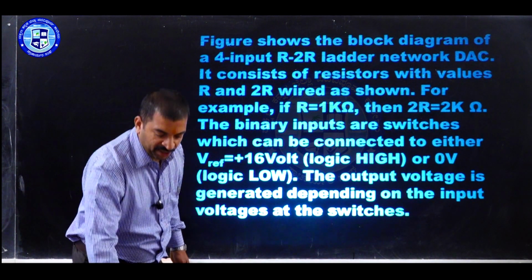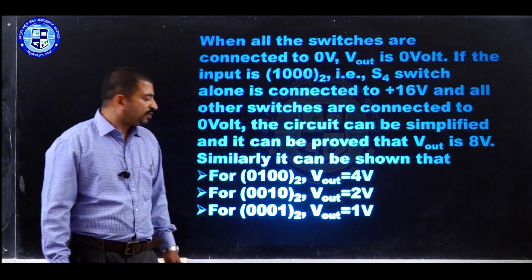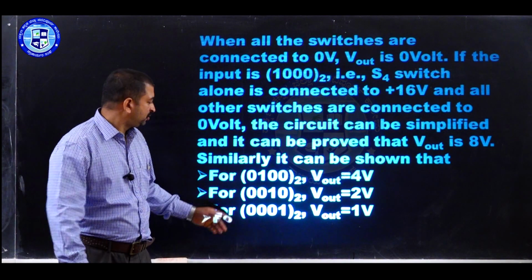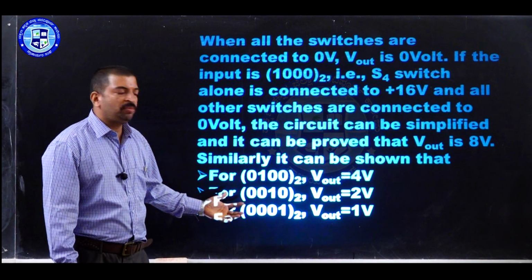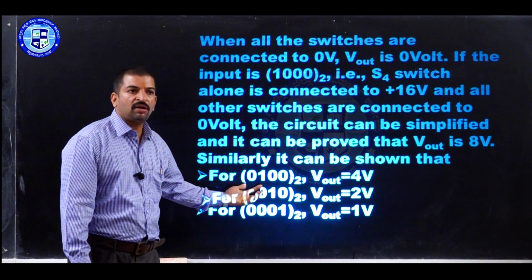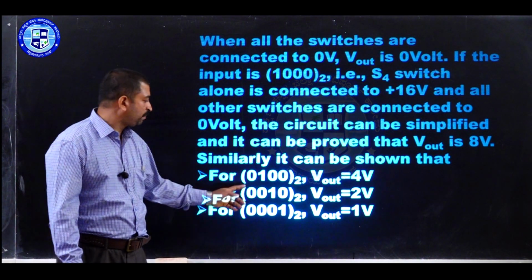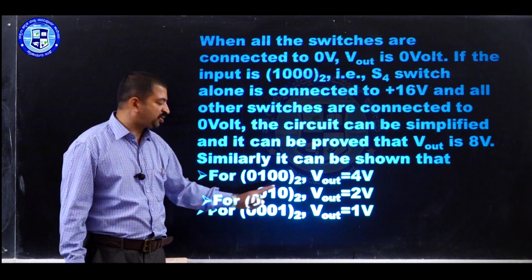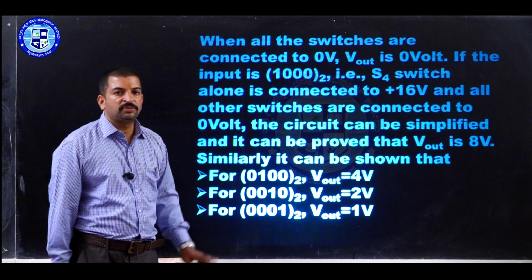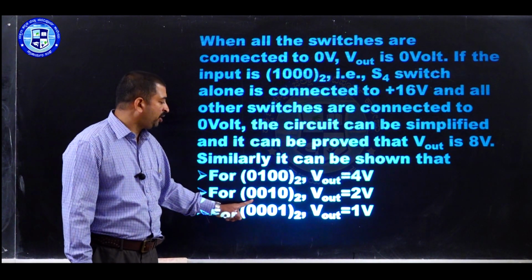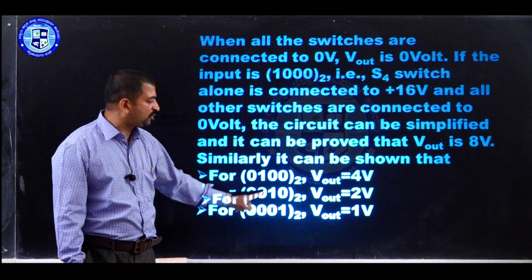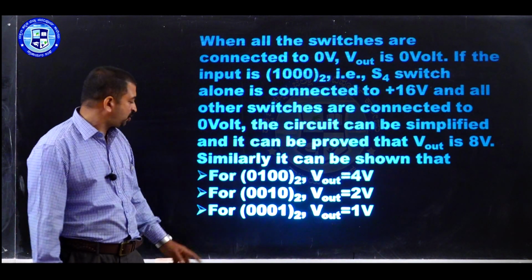Similarly, it is possible to determine the output voltage for other combinations of inputs. For 0, 1, 0, 0 to the base 2, the output becomes 4 volts. When the input combination is 0, 0, 1, 0 to the base 2, the output voltage becomes 2 volts.